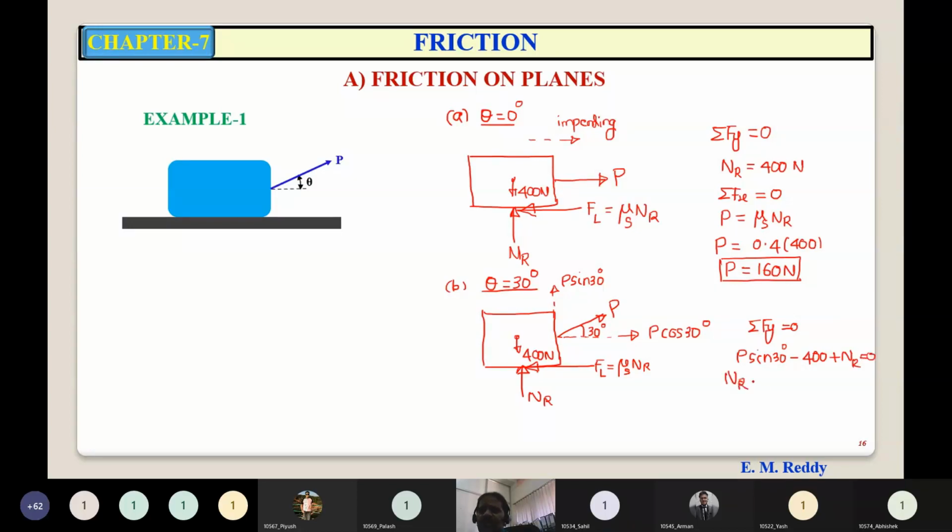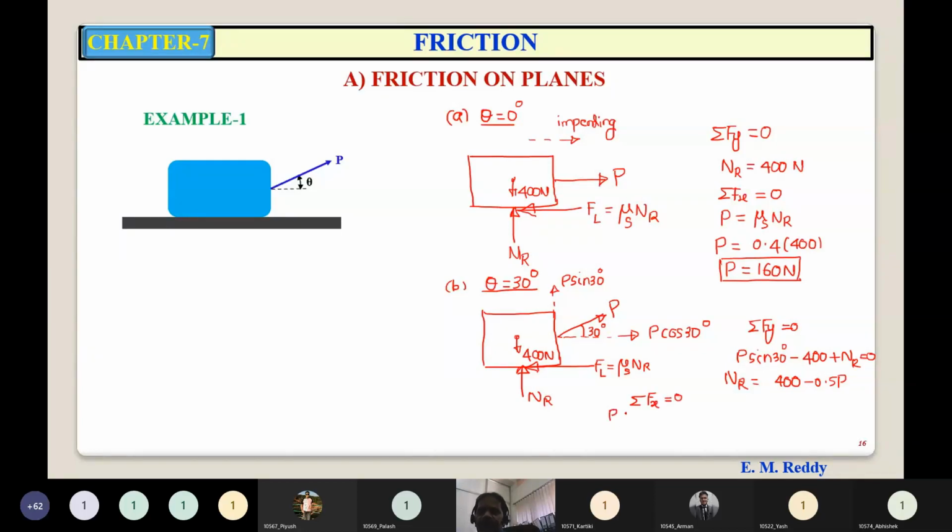So normal reaction is equal to 400 minus 0.5 P, that is P sin 30. Now writing summation Fx is equal to 0.